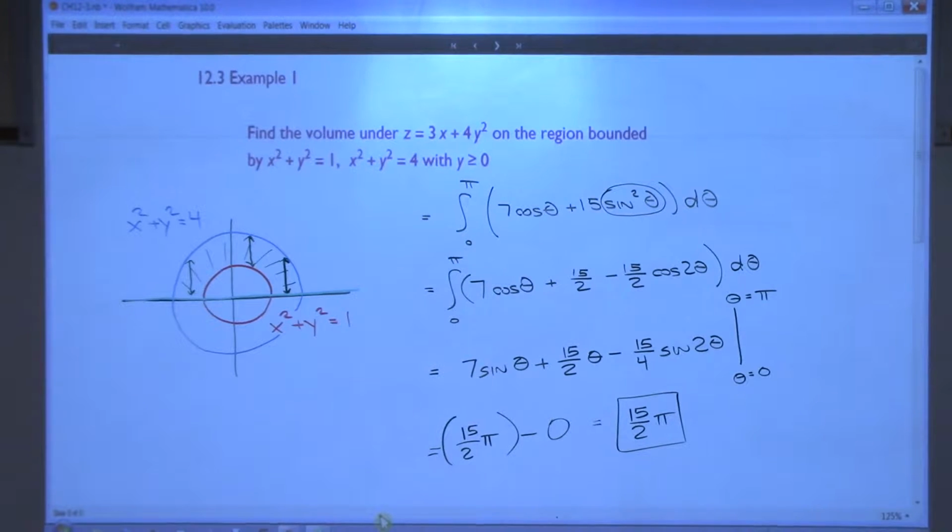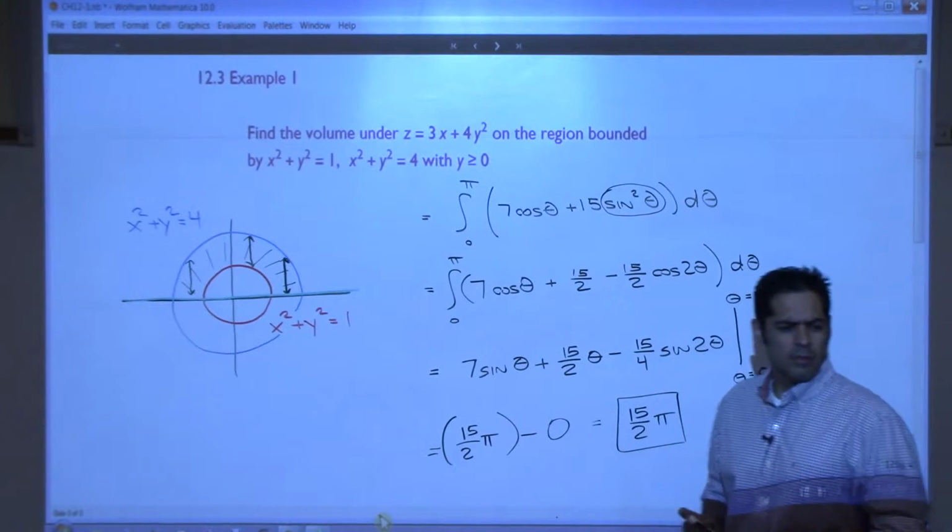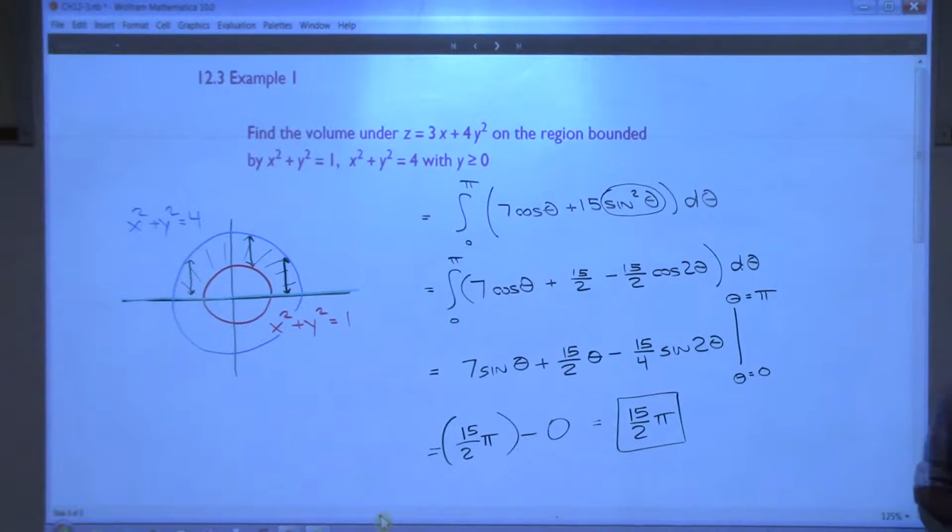You remember how last class we did the type 2 region, and we switched the inside and the outside bounds on the double integral? Switching the order of integration. Yeah, that. So is that going to happen ever with polar?